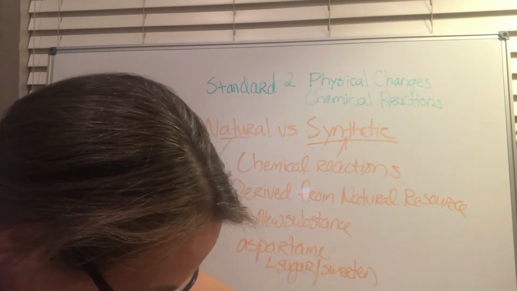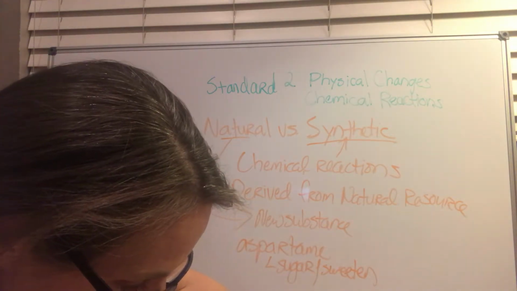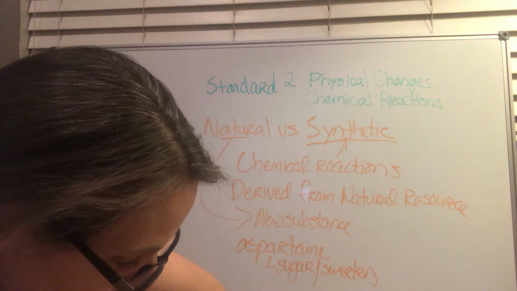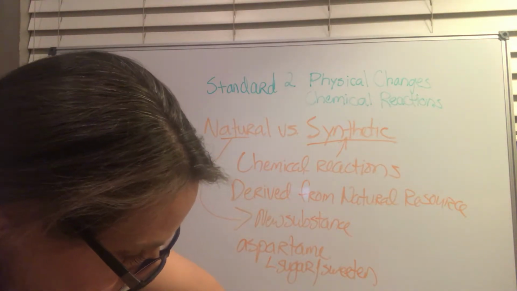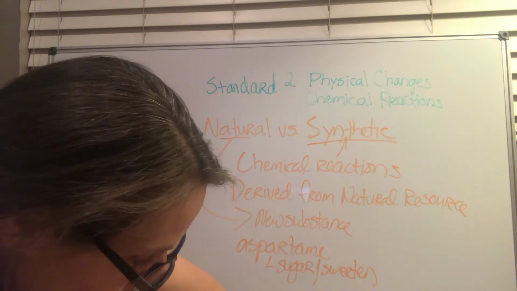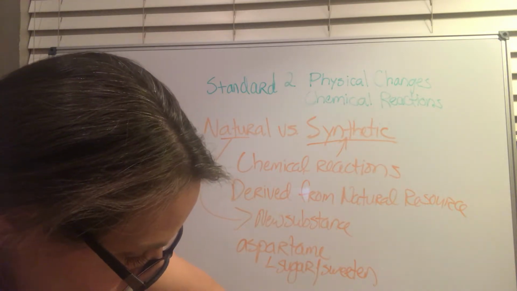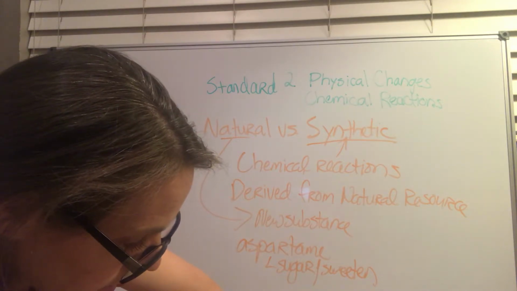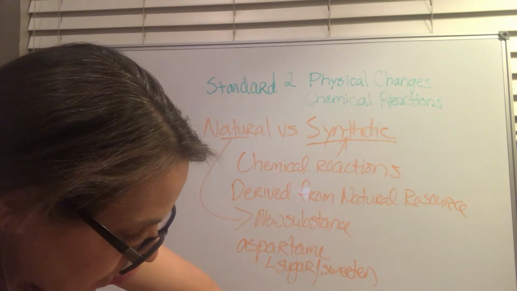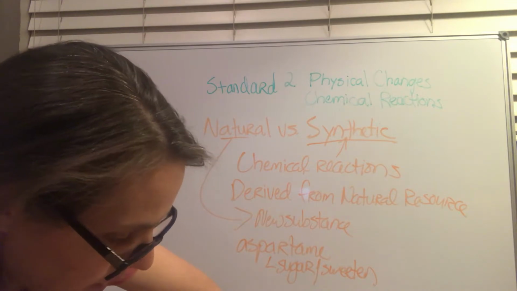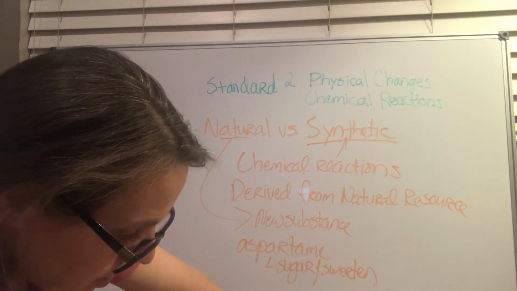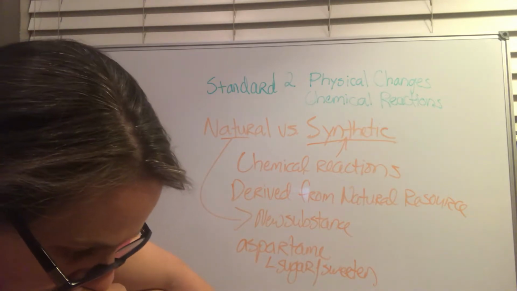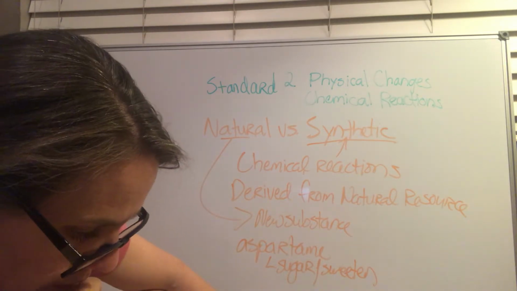We want certain properties, and we don't want to gain weight, but we want to have that sweetness. So we're trying to basically avoid our consequences by messing around with natural foods and making them into something synthetic that we can continue to eat but not have the consequences, which, for some people that's okay, and other people experience a reaction to the synthetic foods.